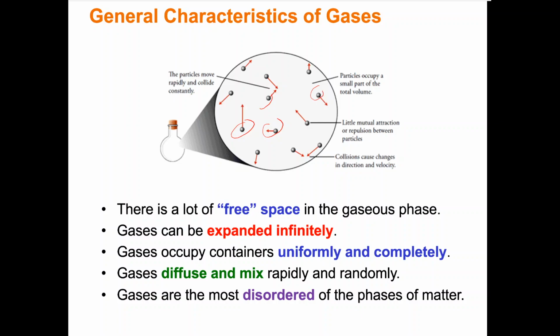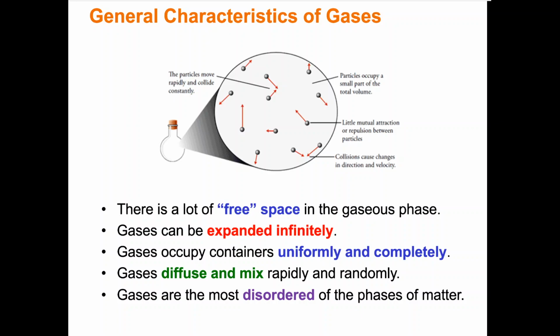That's true. If you take a look at this example of a sample of a gas, notice that there's all of this free space where there's nothing actually in there. And when I do have particles, as you see, they're just dispersed within this free space.